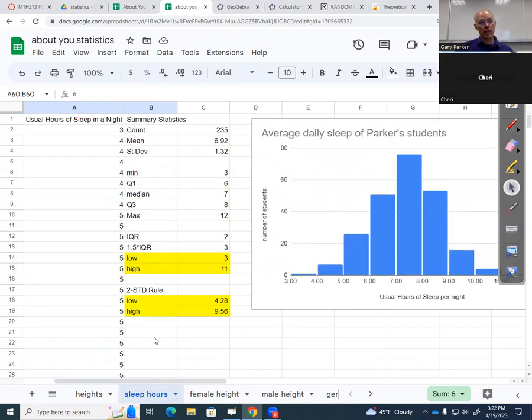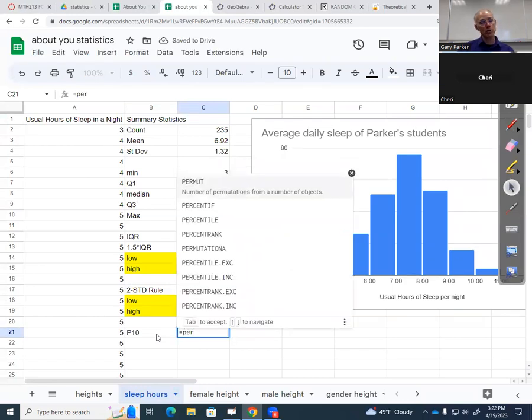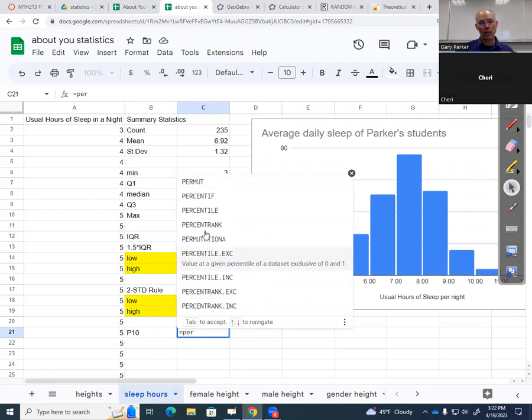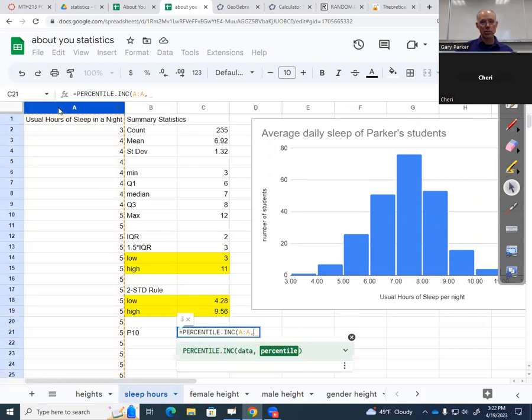We could take a look and do some percentiles, like I mentioned, the 10th percentile, so P10. There's the quartile command, there is the percentile command, and I recommend the percentile inclusive, like we use the quartile inclusive. The percentile command wants to know a couple of things. It wants to know where your data is. I would select my data in column A. It's only going to look at the numbers in there. And then it wants to know which percentile I want, and the percentile is going to be given as a decimal.